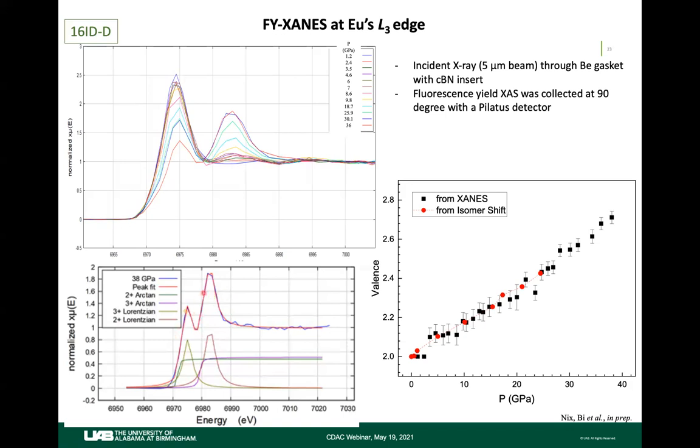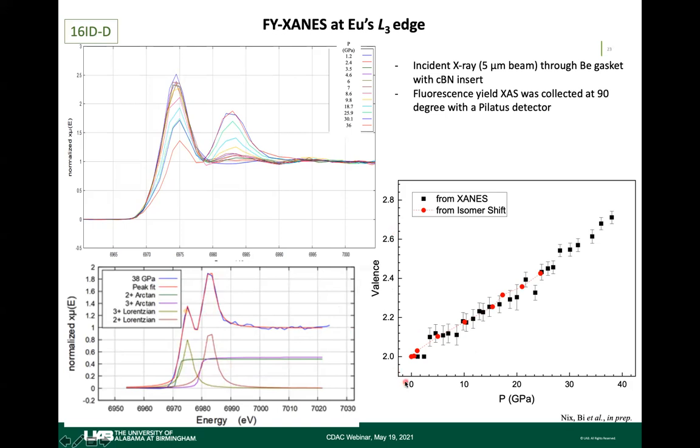So we modeled the experiment data with 2 arctangent functions to explain the jump for 2+ and the 3+, and then 2 Lorentzian functions to explain the peak for the 2+ and 3+. And then we took the ratio of the area under the 2 Lorentzian functions, and then estimate the valence based on the ratio of the area.